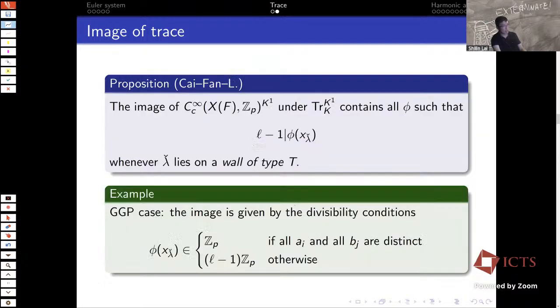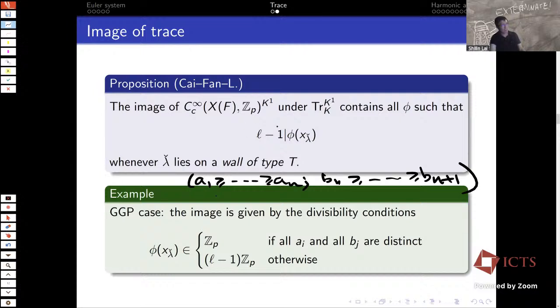So here are the two examples. In the GGP case, remember the index sets are a_1 to a_n and b_1 to b_{n+1}. So there are obvious notions of walls, which is where one of those inequalities is actually an equality. That's a wall. As it turns out, all walls are type T. This is what's known as a strongly tempered case.